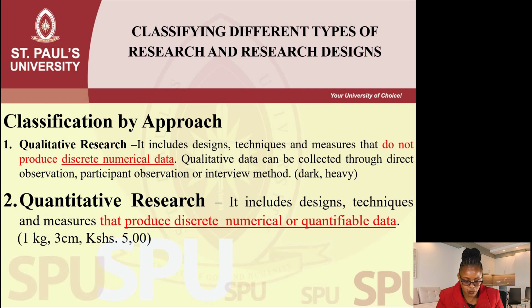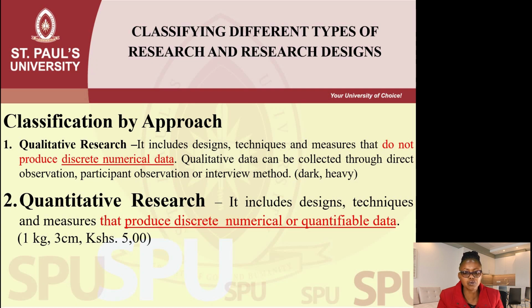So the first one that we are looking at is classification by approach. We look at two approaches, which are qualitative research and quantitative research. Now, when you're thinking about qualitative research, we're saying that it includes techniques and measures that do not produce discrete numerical data. You're actually dealing with qualitative data.